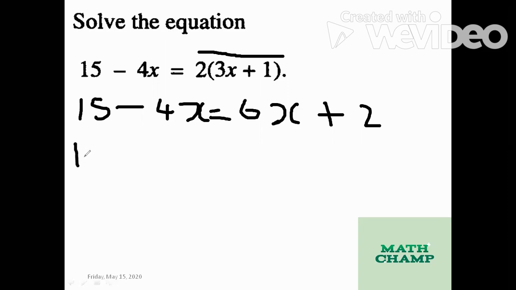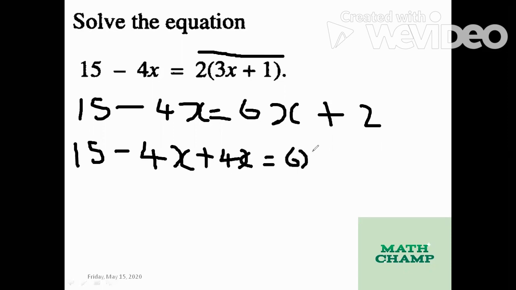So I'm going to say 15, subtract 4x plus 4x. I want you guys to understand the rationale why I'm adding plus 4x on the left. It's because I'm trying to avoid negatives.